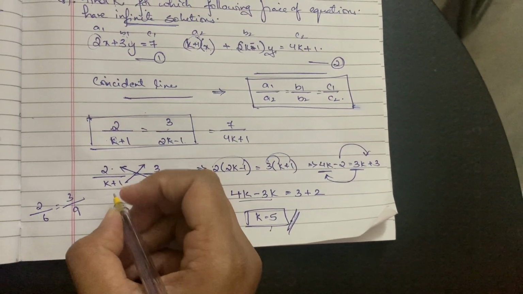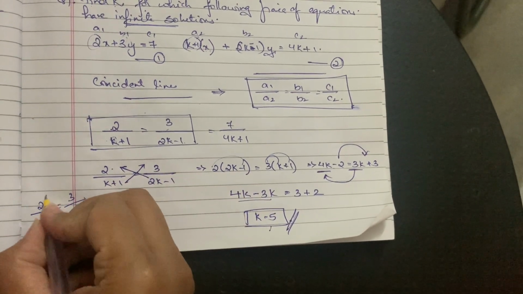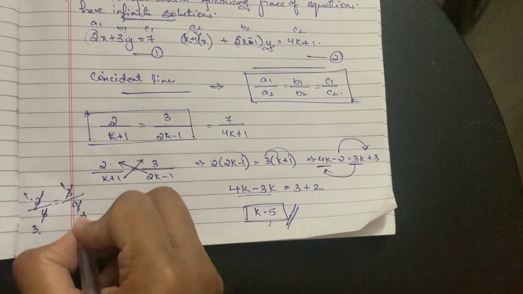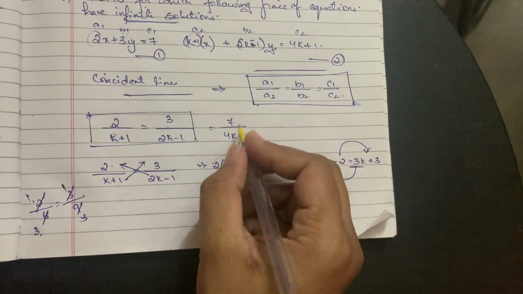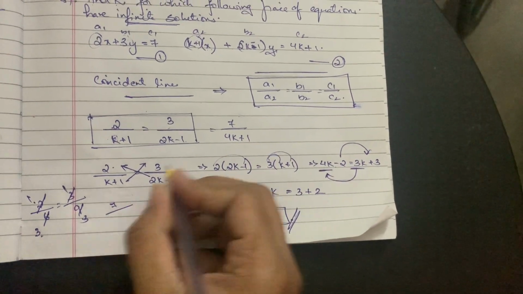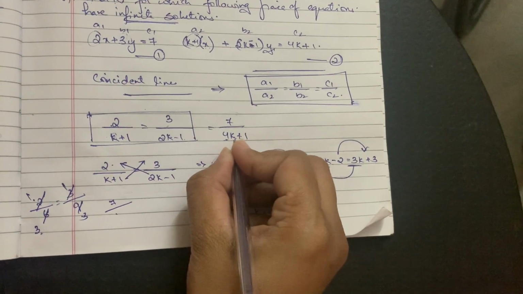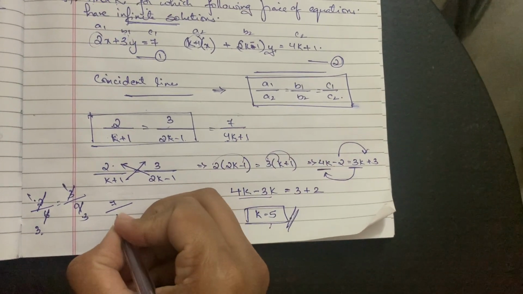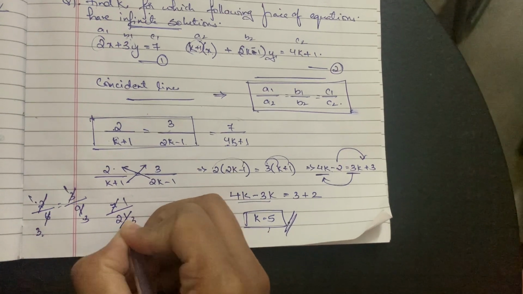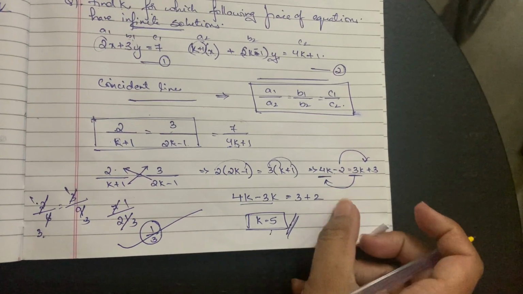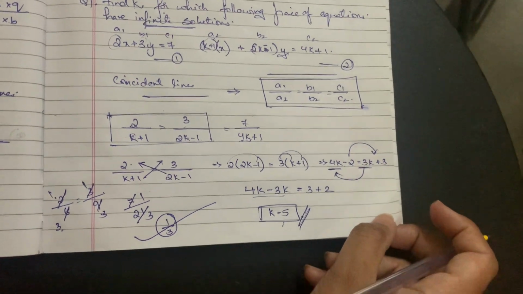Now 2 ones are 2, 3 ones are 3, so 1 by 3 is the ratio I'm getting. For the next one also, it is 7 upon 4k plus 1, 4 fives are 20, 20 plus 1, 21. 7 ones are 7, 7 threes are 21. So all the ratios are 1 by 3 itself. So the k value is perfectly correct.